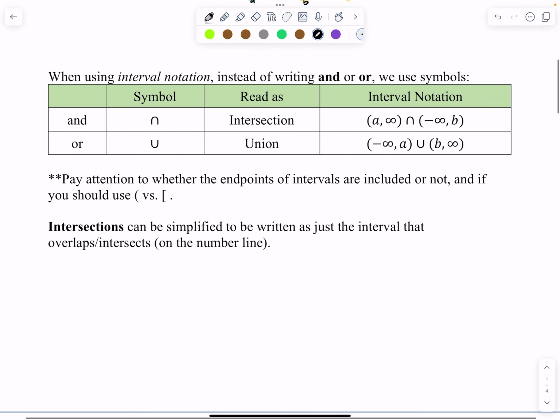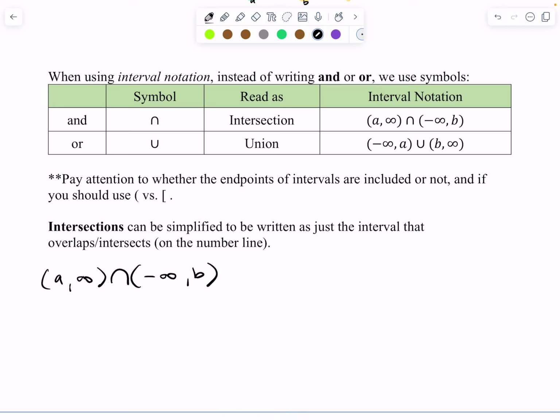Another way to think about it is taking A to infinity, the intersection of A to infinity and negative infinity to B. Infinity or negative infinity does not need to be included when we're talking about intersections of intervals, but I'm just going off of the example that I gave previously.